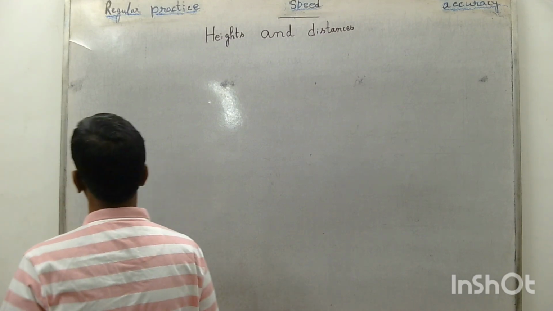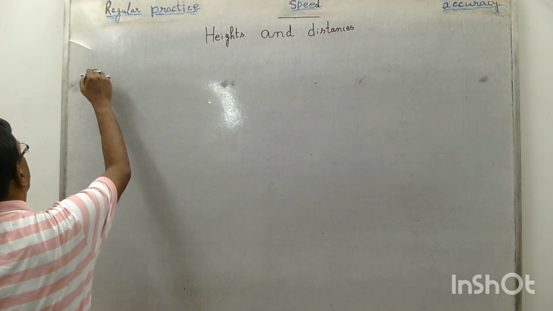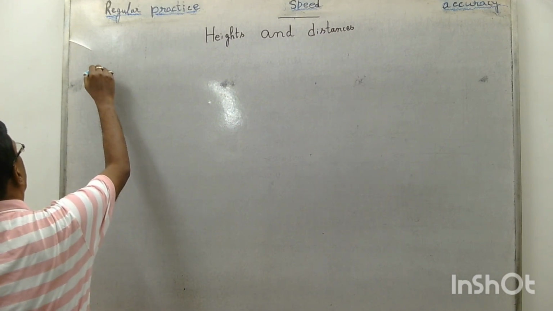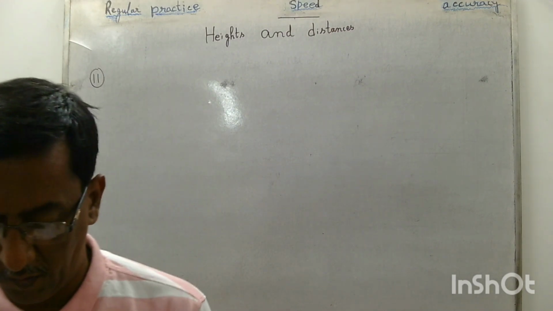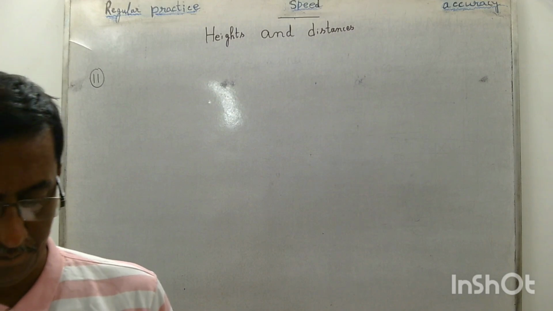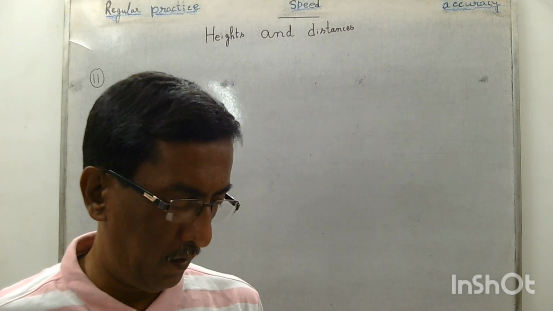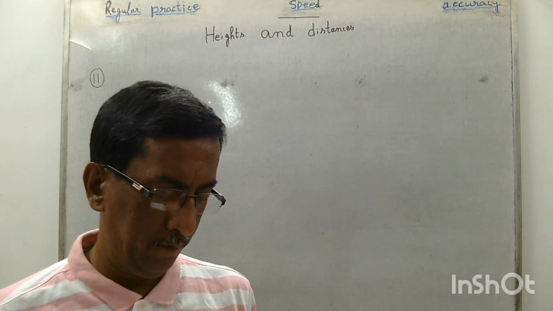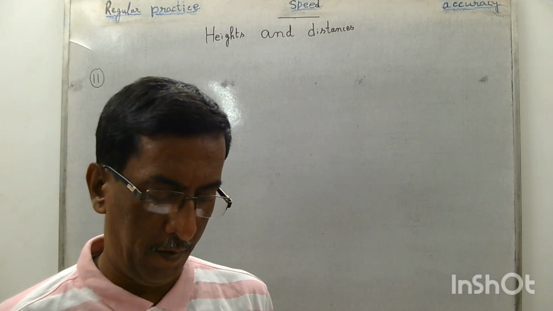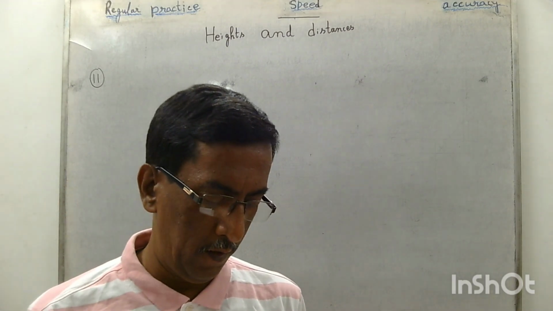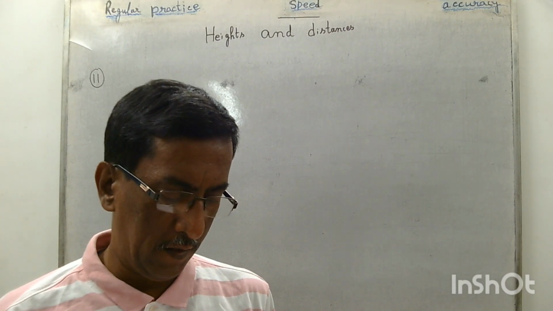Now problem number 11. I am reading the problem. The shadow of a tower when the angle of elevation of the sun is 45 degree is found to be 10 meter longer than when it was 60 degree.